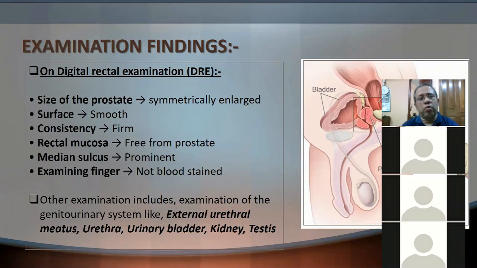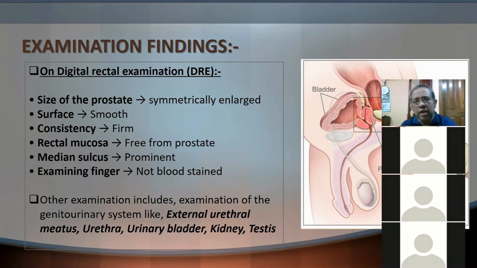So the posterior wall of the prostate you can easily palpate, and you feel whether the surface is symmetrical, enlarged or not. Symmetrical or asymmetrical? In case of malignancy, asymmetrical enlargement is seen. For that reason, symmetry suggests it is most likely a benign one. So the size of the prostate you can assess.